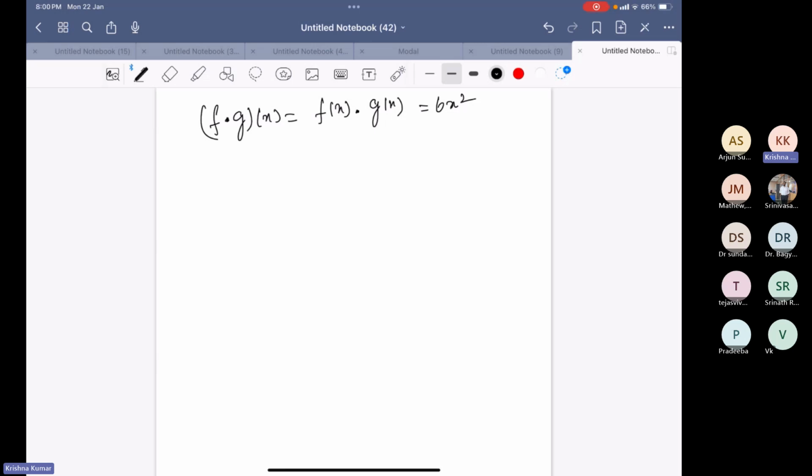Is that clear? Lastly, we can also use f by g of x. When we write like this, it means f of x divided by g of x.